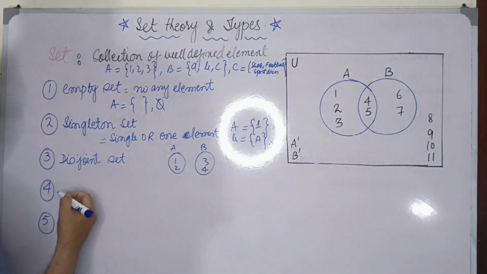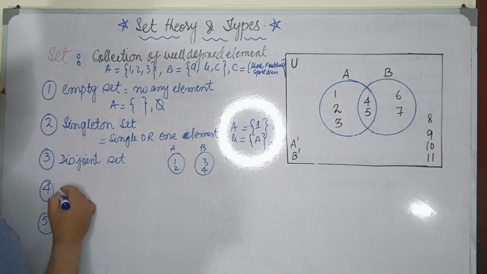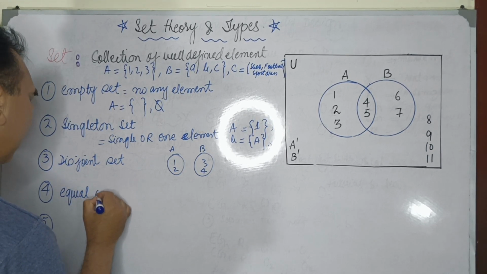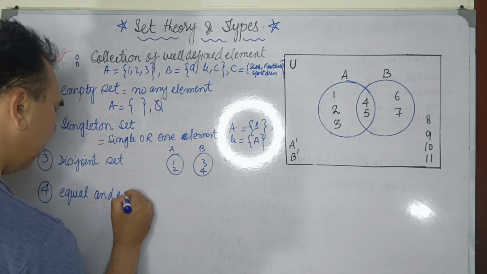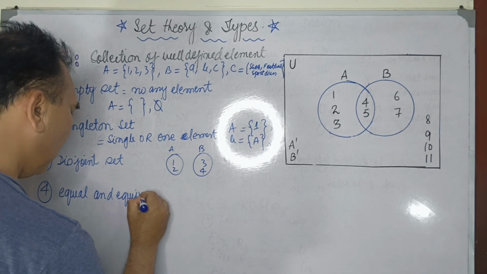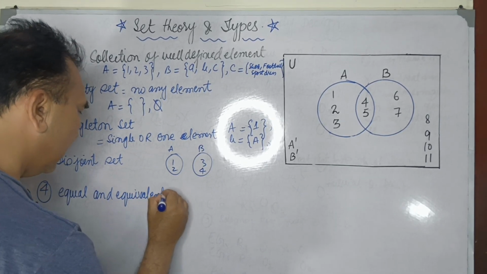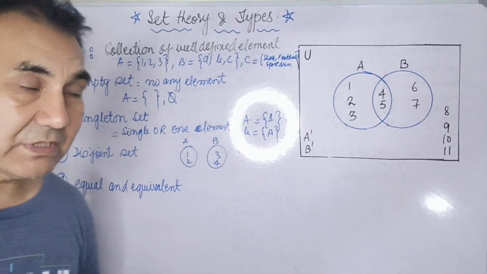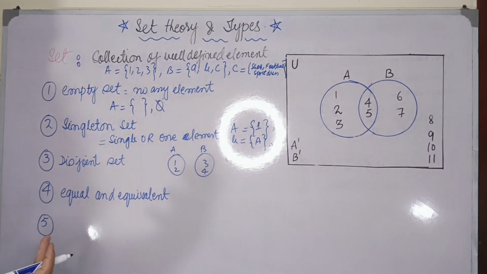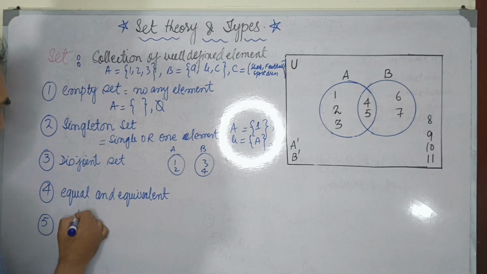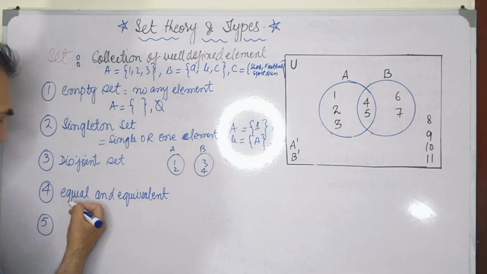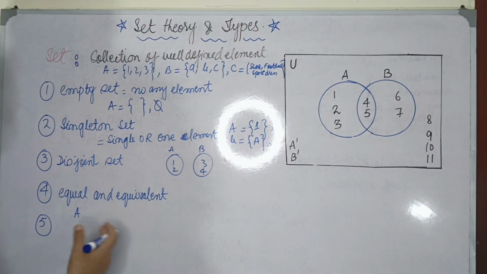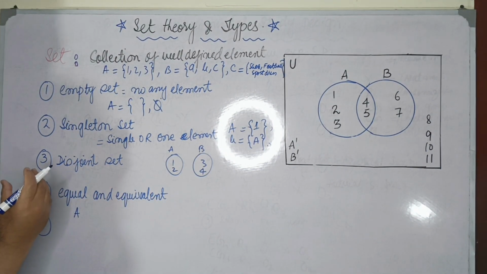Now the fourth type of set is called equal and equivalent sets. What's the difference between equal and equivalent sets? Let's clear the concept with an example.